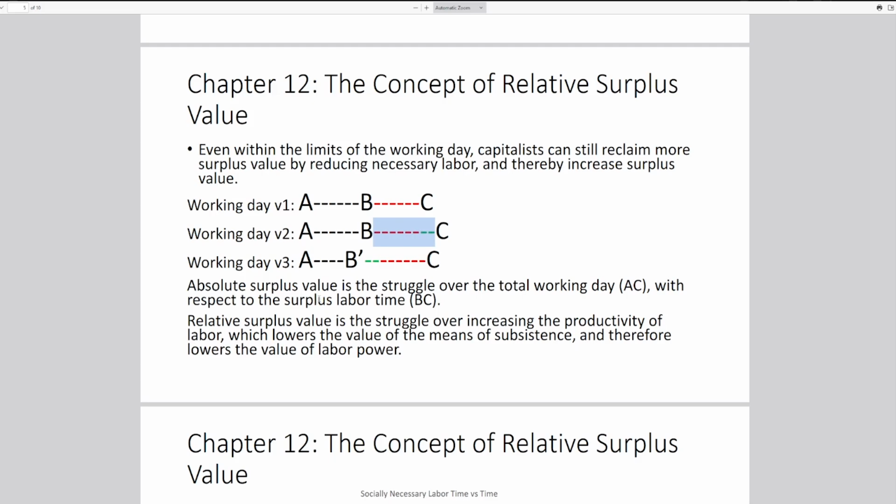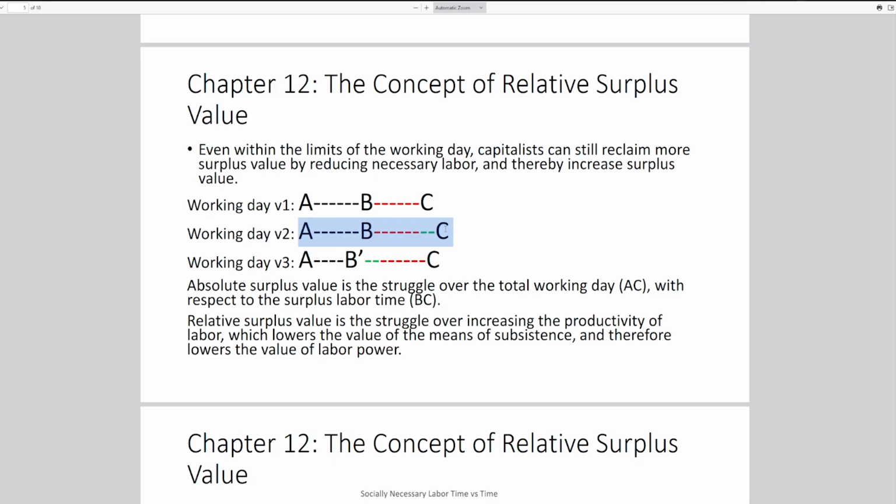The other way of doing it, version 3. Now, I should also mention that version 2 here is going to anger your workers because it's pretty overt what you're doing, right? And this will hopefully reveal another theme of capital being very surreptitious and very sneaky about a lot of this stuff: if you just extend the working day by 2 hours, everyone knows what you're doing.